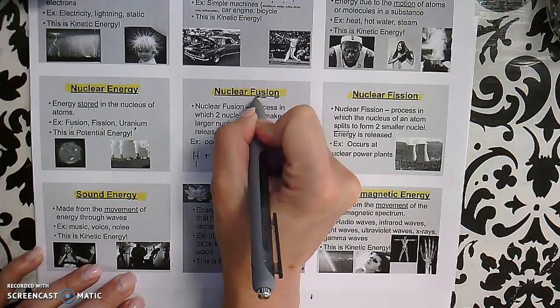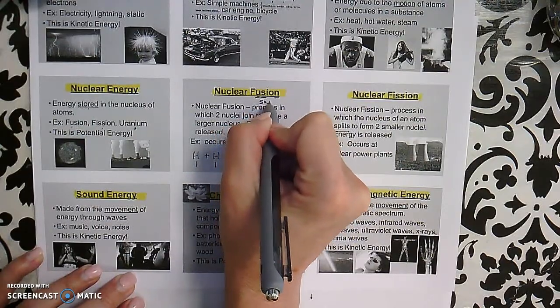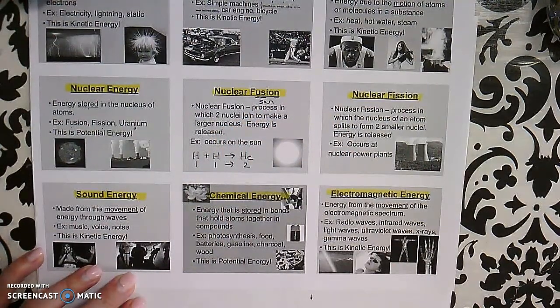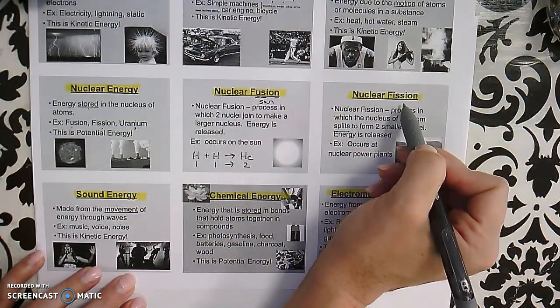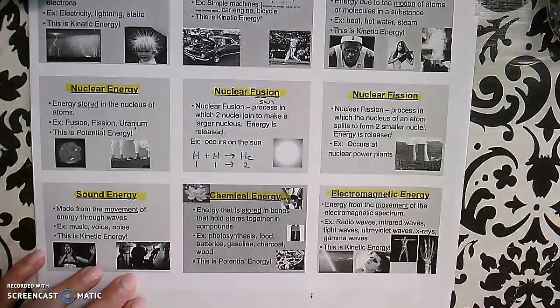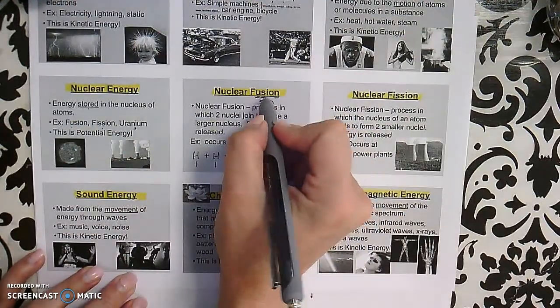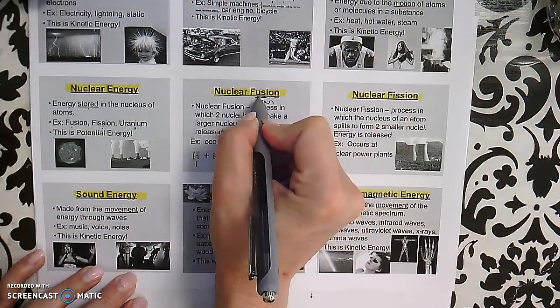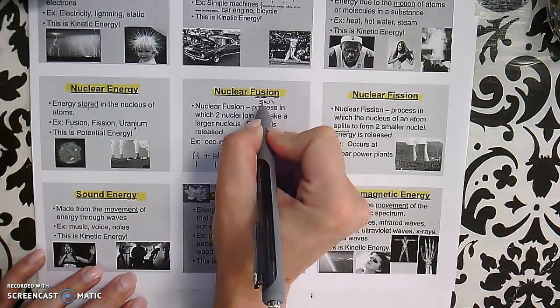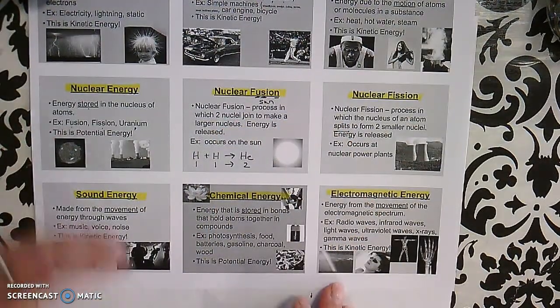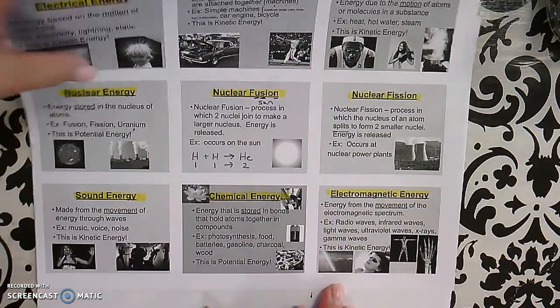See how you can spell sun, S-U-N, using the letters in fusion. You can't spell S-U-N using the letters in fission. So fusion takes place on the sun. That's where nuclear fusion takes place.